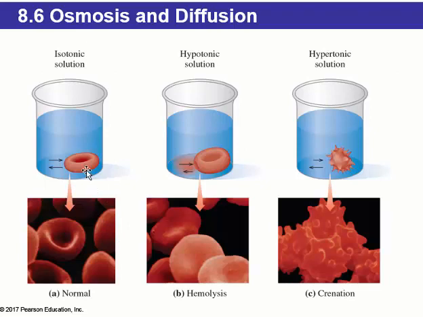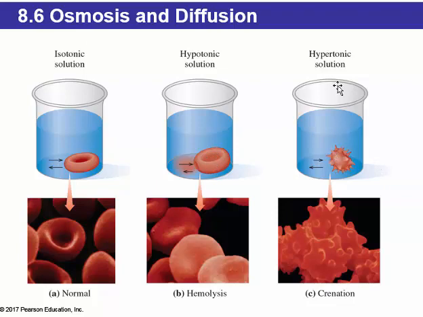This slide shows a cell in an isotonic solution, a hypotonic solution, and a hypertonic solution. So in a hypotonic solution, the concentration of solutes is higher in the cell, and water is going to travel from the solution into the cell, increasing the volume of the cell.